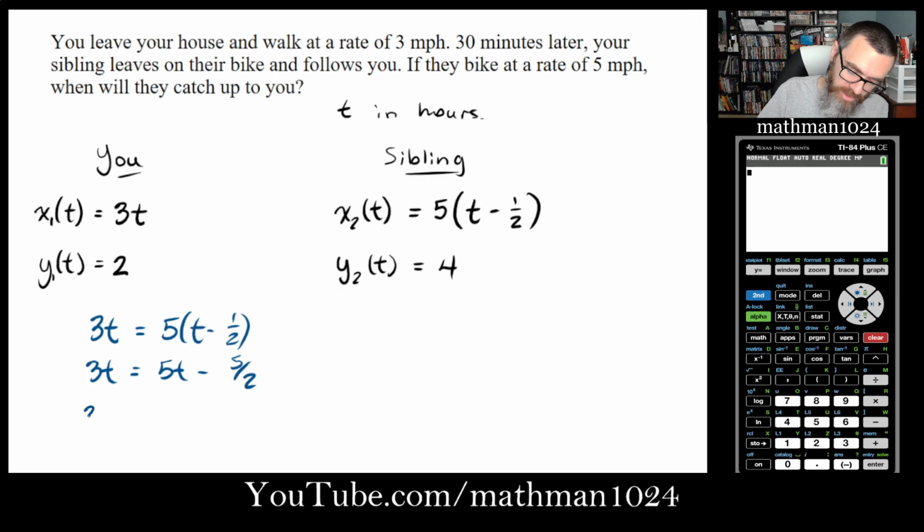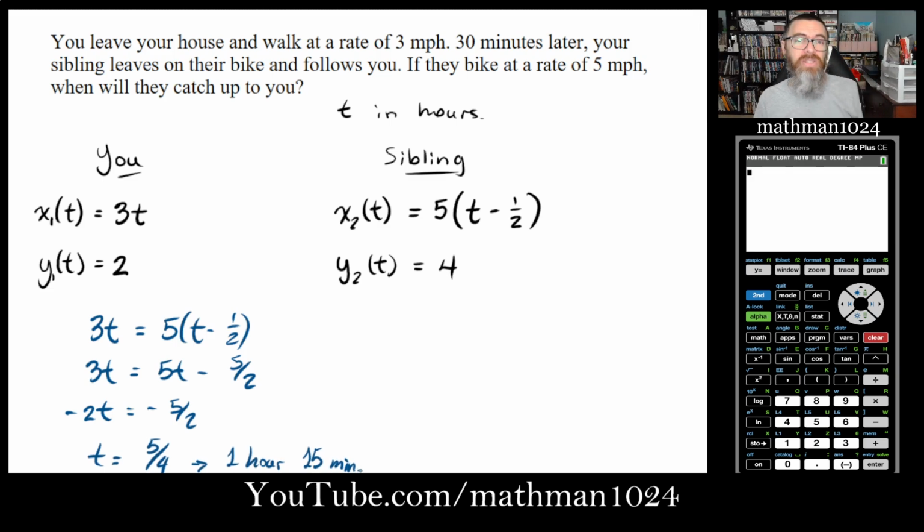If I subtract the t over, that's negative 2t equals negative 5 halves. Solving for t, I get 5/4, which means that in 1 hour and 1/4 of an hour, so 1 hour and 15 minutes, your sibling has caught up to you.